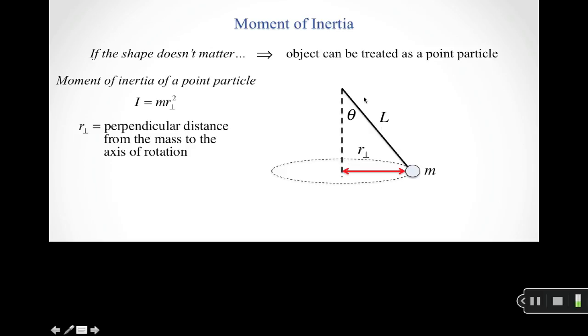What this means is that the perpendicular distance that I'm interested in now is not the entire length of the string. In fact, it's fairly easy to see that that perpendicular distance is just going to be L sine theta. So when I plug this in to calculate the moment of inertia now, I get mass times perpendicular distance squared, which is just going to be m times (L sine theta) squared.